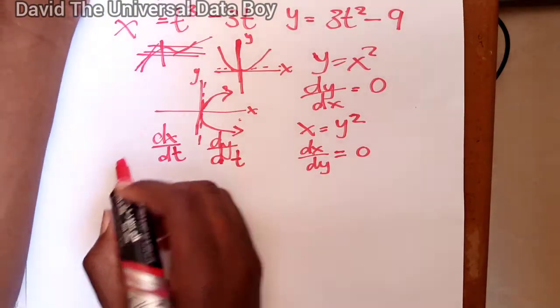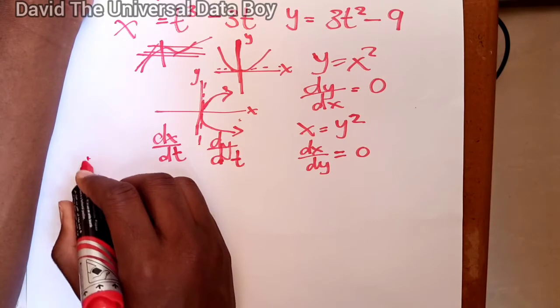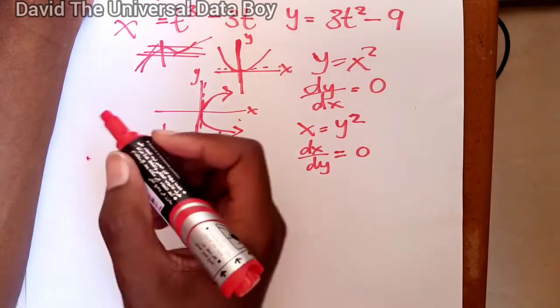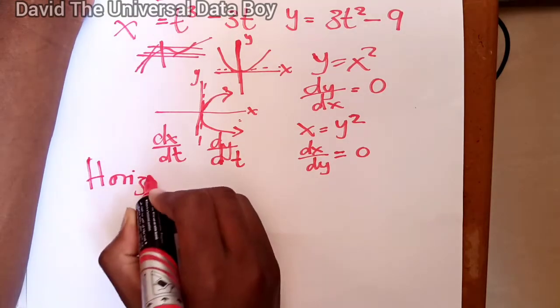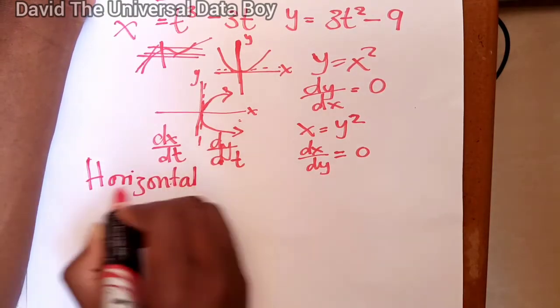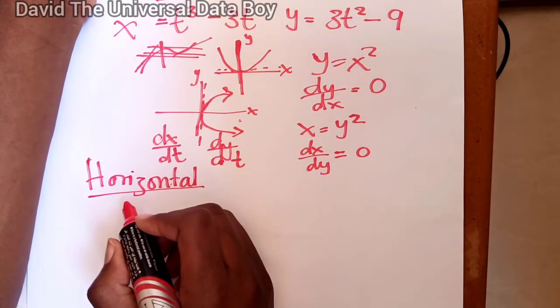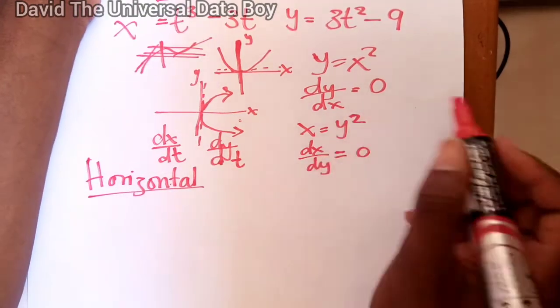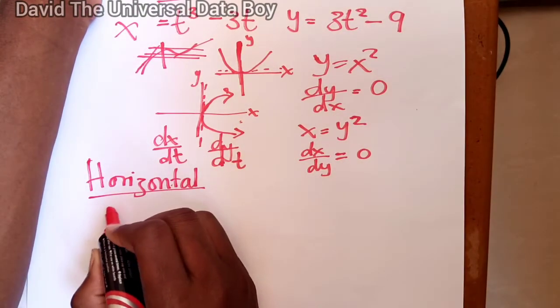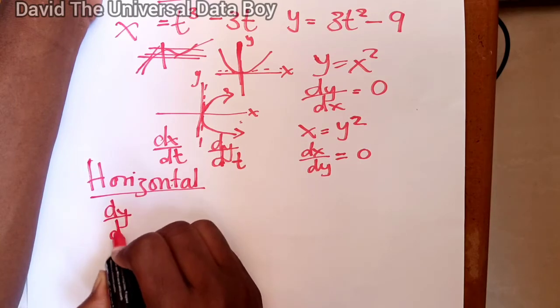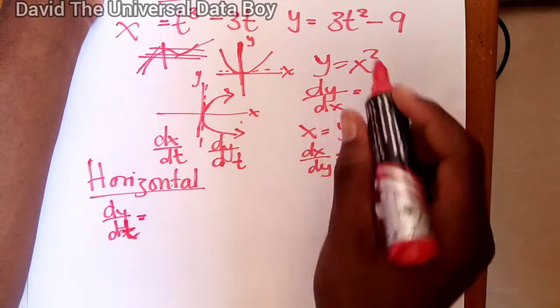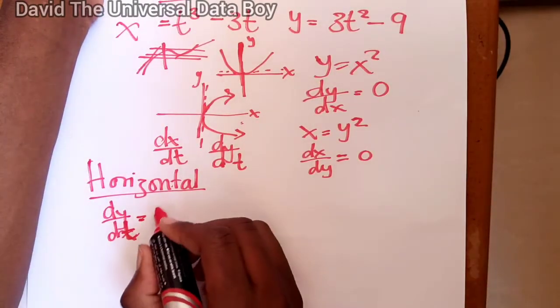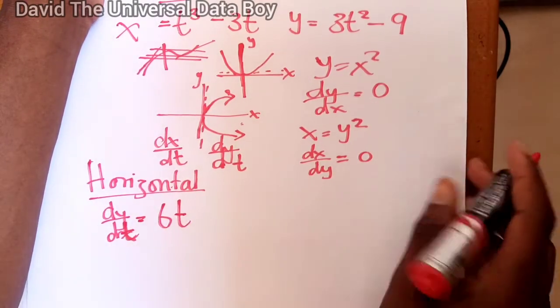So we're going to find the horizontal. We can start with any one. We can start with the horizontal. So now the horizontal tangents are given by dy over dx, just as I said. Dy by dx, when you dy by dt, sorry, when you differentiate y with respect to t, you're going to have 6t.